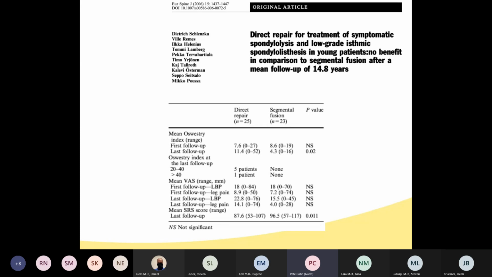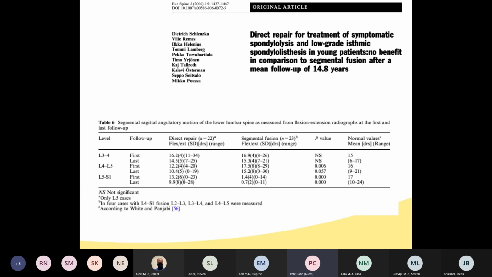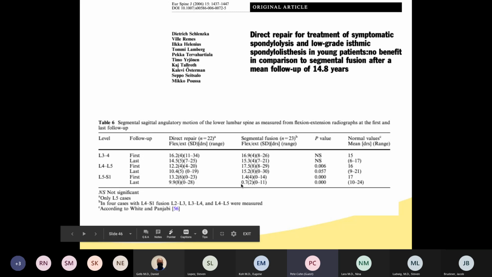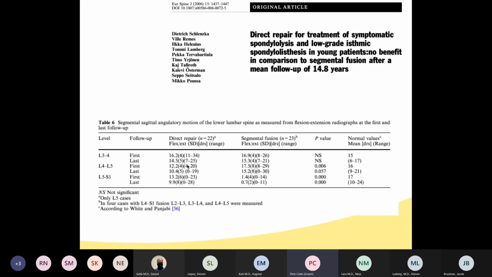They didn't really flesh this out in the discussion, but they did find that, comparing a fusion to the direct repair, there was somewhat improved motion between the two groups at the L5-S1 level, but you still lost motion over time at that level.